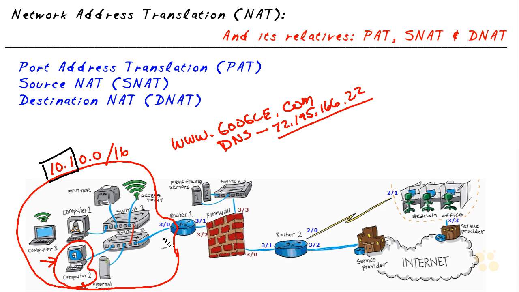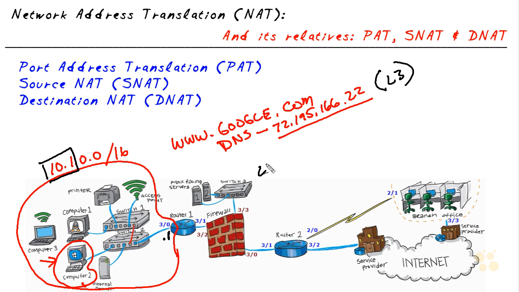So for our purposes, let's say that the router 1 is the default gateway for the 10.1 subnet, and that the router 1's host address ends in .1. So Bob's computer would forward a packet to 72.195.166.22. And that would be the layer 3 IP header address where it was going. The source address would be Bob's computer.